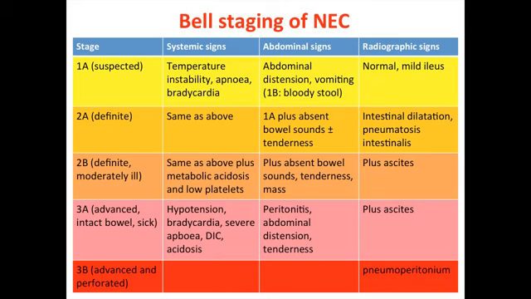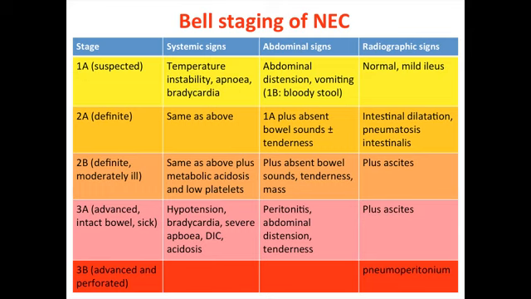There's different stages of necrotizing enterocolitis, stage 1, 2 and 3. Stage 1 is where there is suspected necrotizing enterocolitis. Stage 2 is when it is definite and the baby is moderately unwell, and stage 3 is when it is advanced. Stage 1, just suspected NEC, the baby is generally unstable, but the X-ray may well be normal.